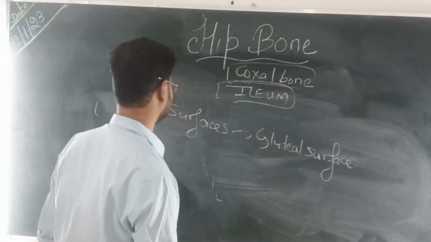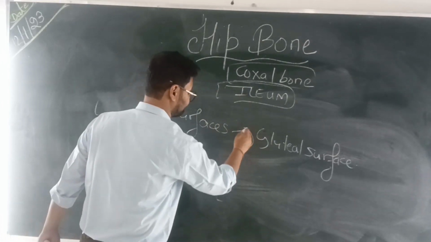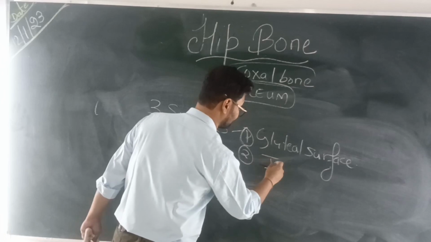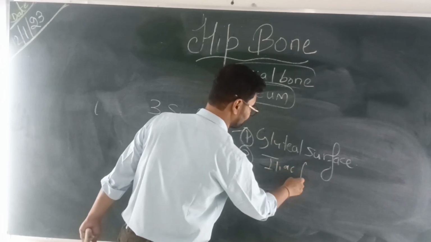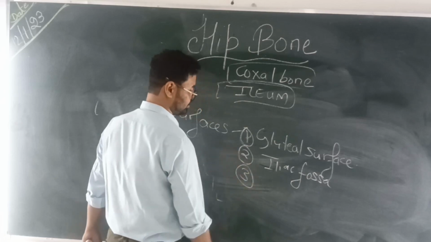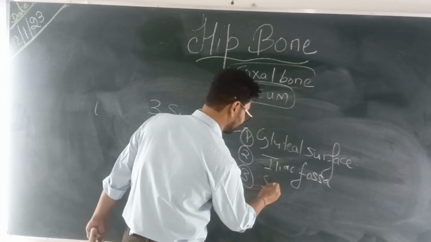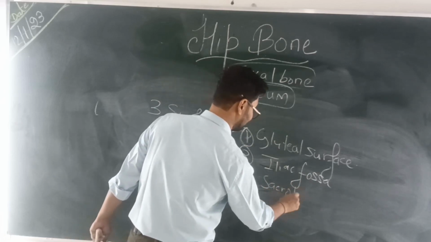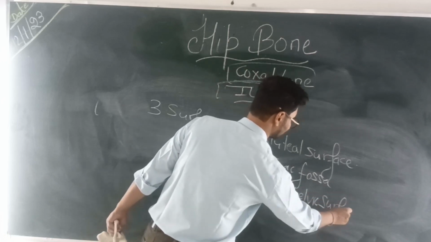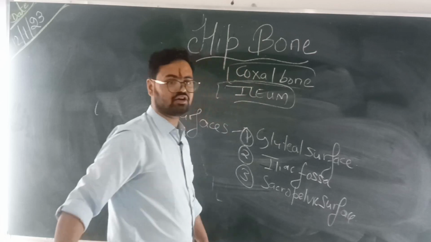Gluteal surface, the first surface. The second surface is the iliac fossa. And the third surface is the sacropelvic surface. So what is the sacropelvic surface?